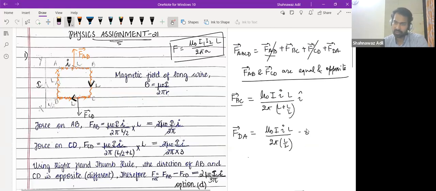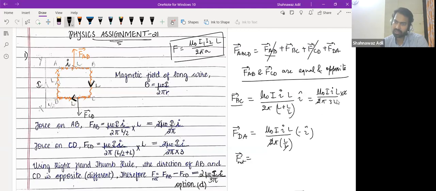This is minus. If I add these two, the total F net, as you have calculated: this 2 cancels, and this is 3L by 2. So mu naught I and L over 2 pi, and then 3L by 2.